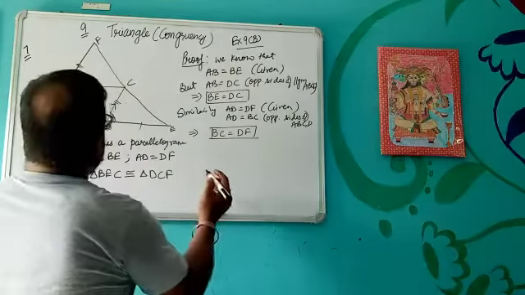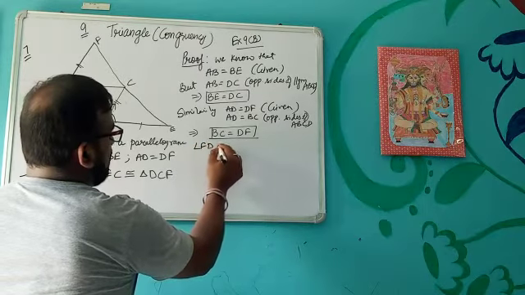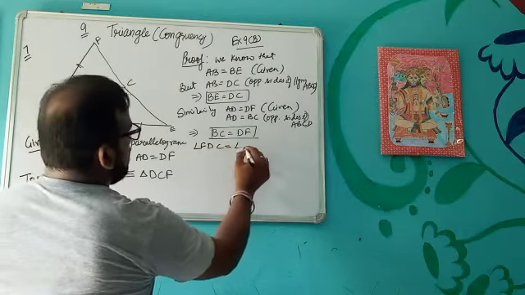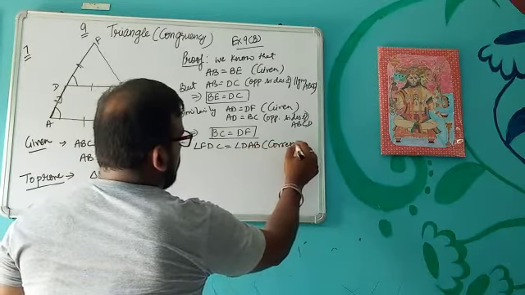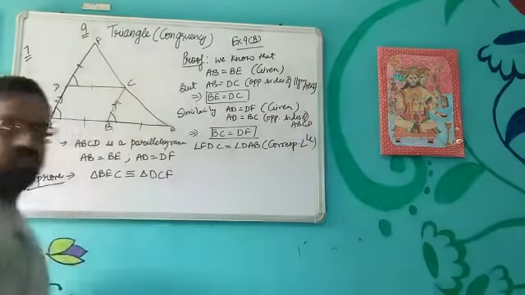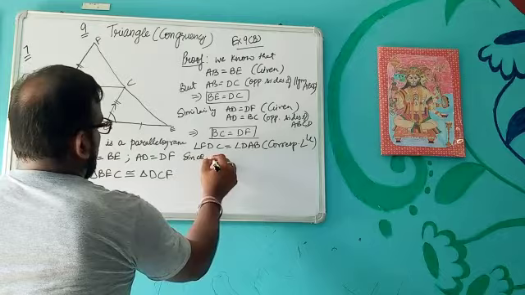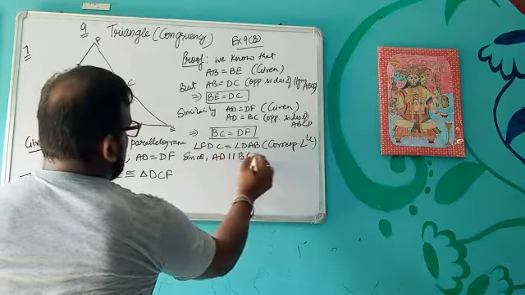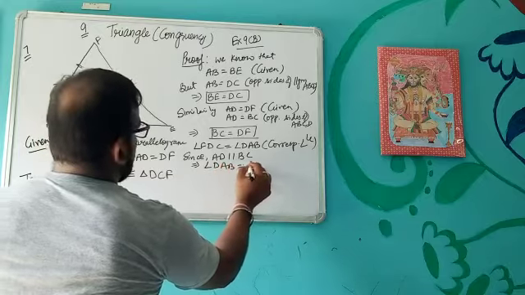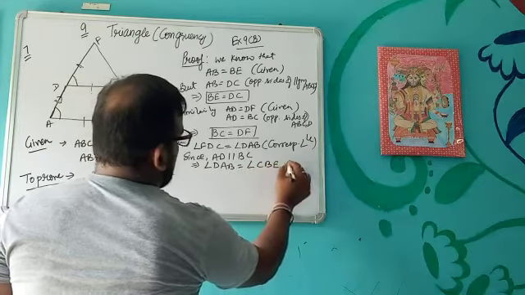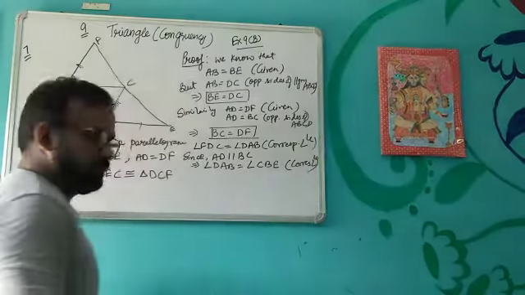Now what we know, angle FDC is equal to angle DAB. They are forming the corresponding angle pair, and since AD is parallel to BC, we can say that angle DAB is equal to angle CBE by corresponding angles.